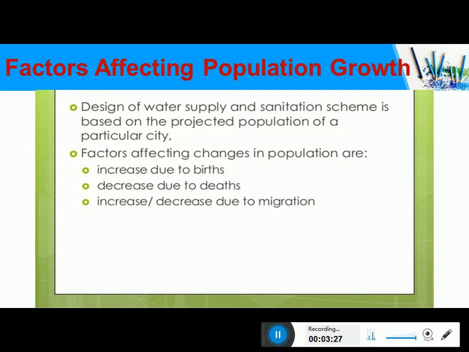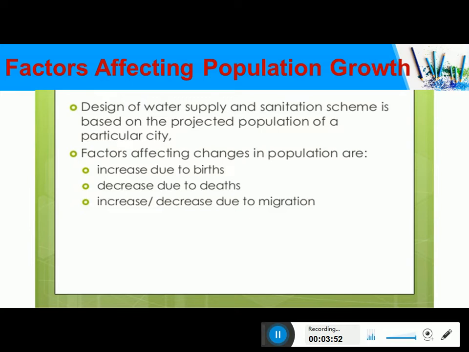The factors which affect it are the increase in births. Due to the continuous increase in births, the population starts to increase, and also the population tends to decrease due to the number of deaths, and increase or decrease due to migration.